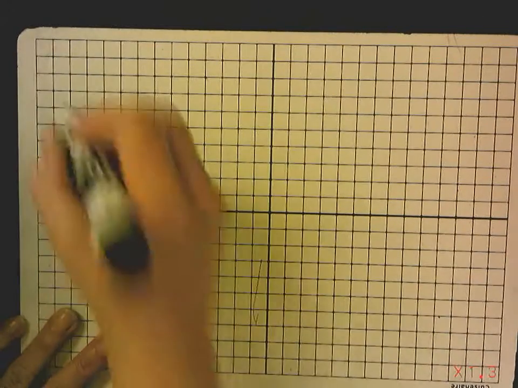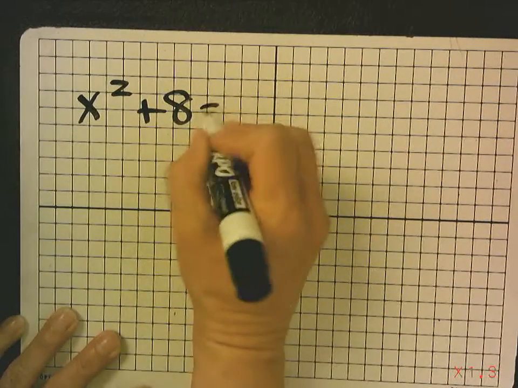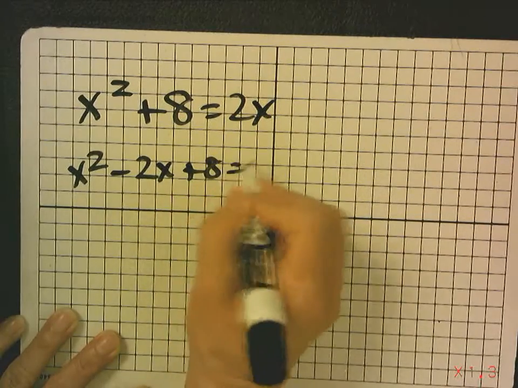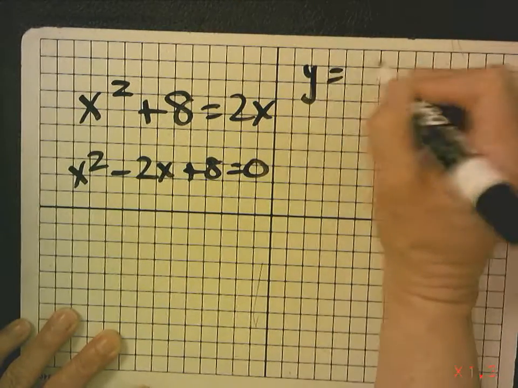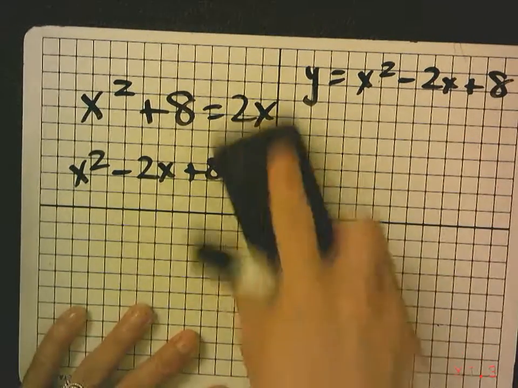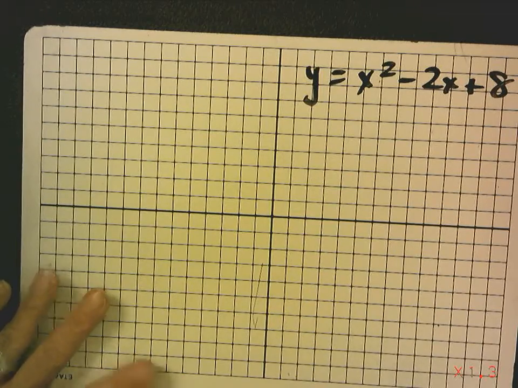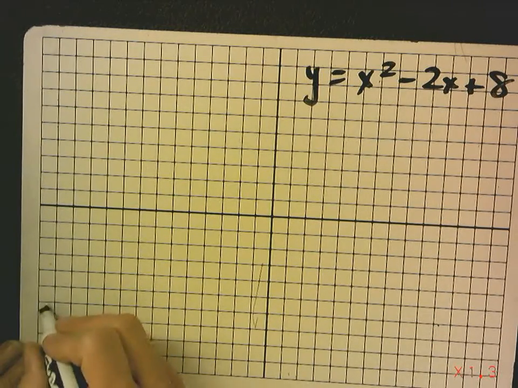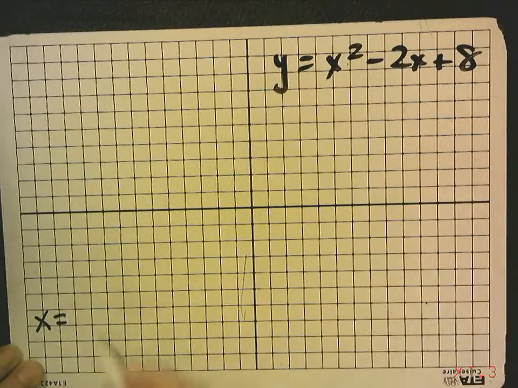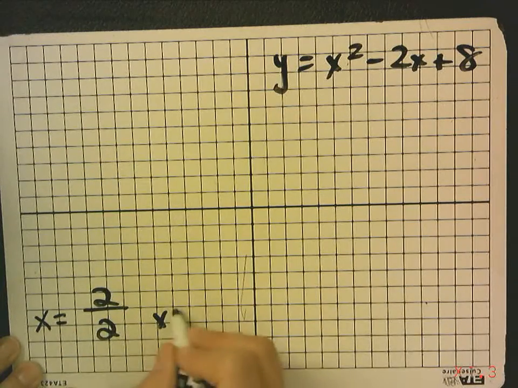Well, now let's look at another one. Still on page 20, x squared plus 8 equals 2x, so we're going to solve this by graphing. First, I put it into standard form, and then I write the related function. So I'm going to graph this. Now, to graph this, first I find the axis of symmetry, and x equals negative b, which is 2 over 2a, so x equals 1.